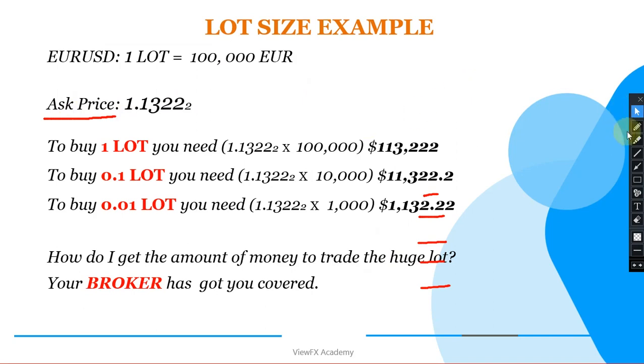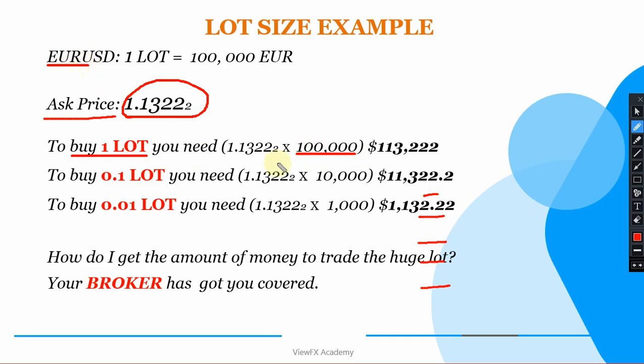Should you open any trading platform and you see the ask price at this level, what it means is that when you buy using one standard lot, remember a standard lot is 100,000 of base currency, euro.